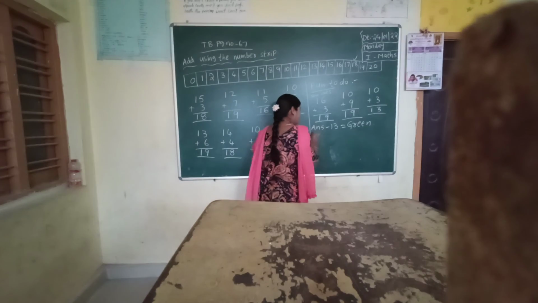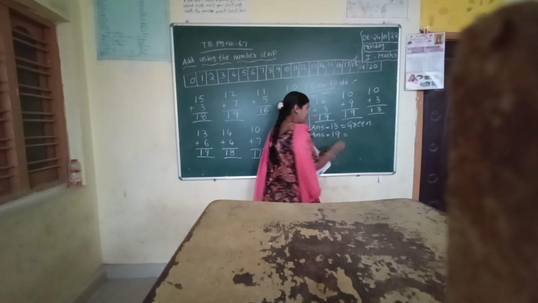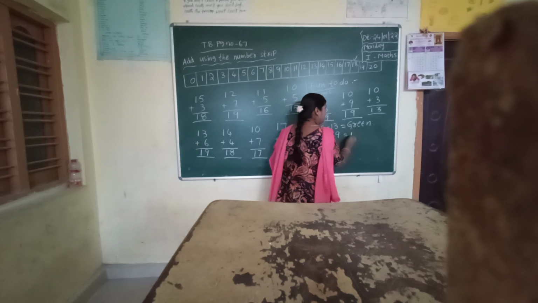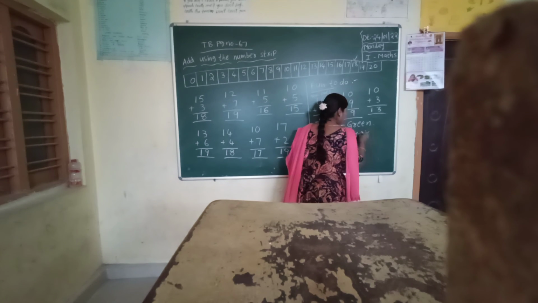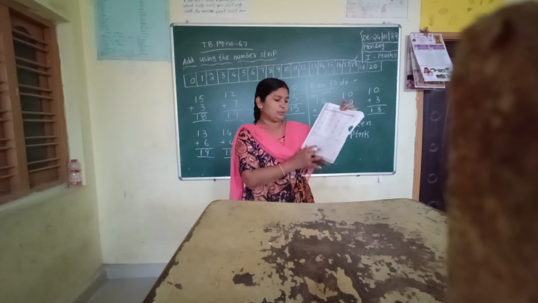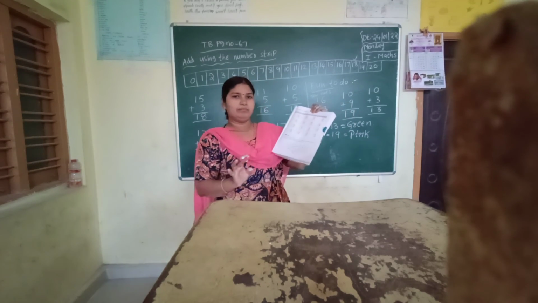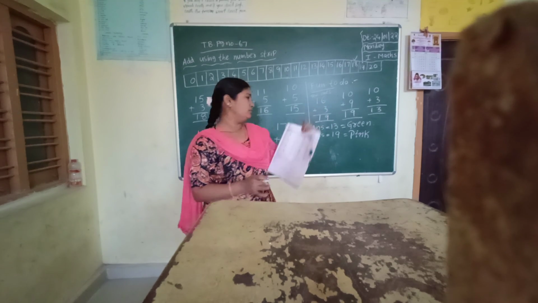Next, which answer you are getting as 19? For that balloon you have to shade with the pink crayon. Okay? Pink crayon. Like that you have to do the answers. Shade with blue and green, pink and green colors. It is your homework today.